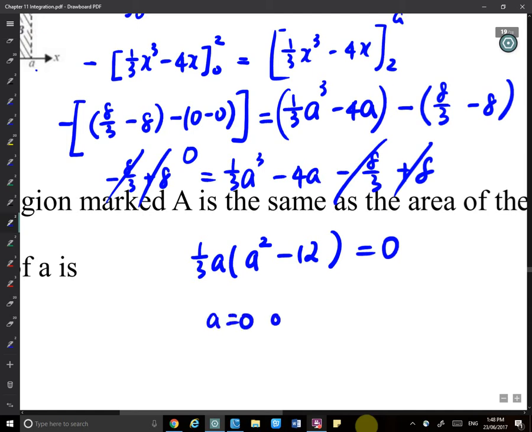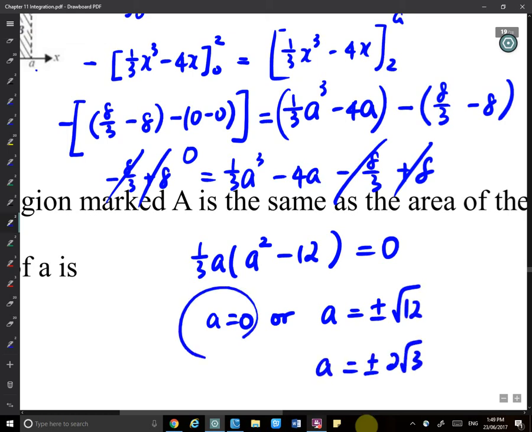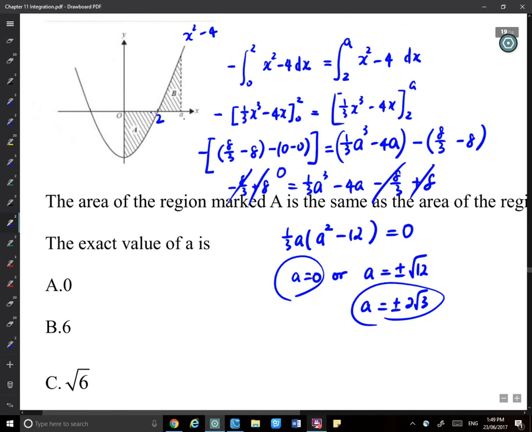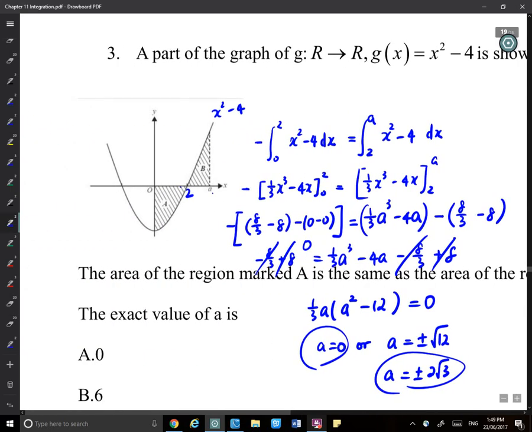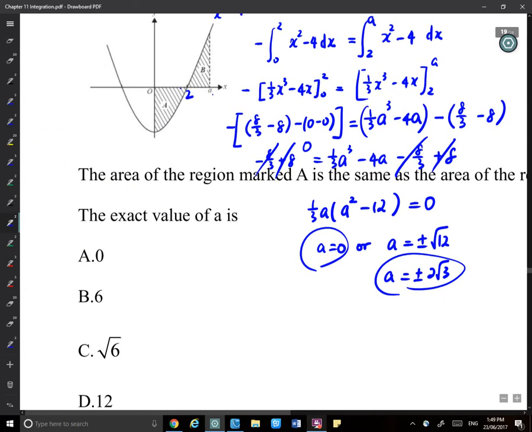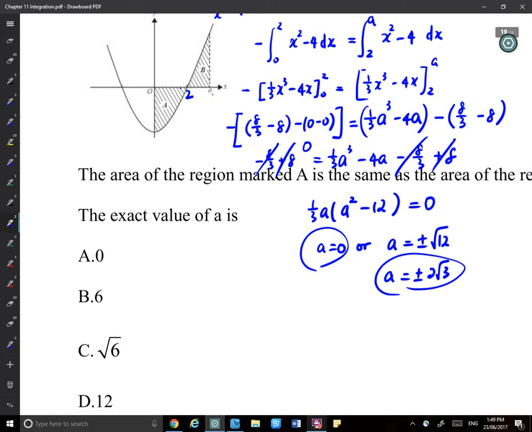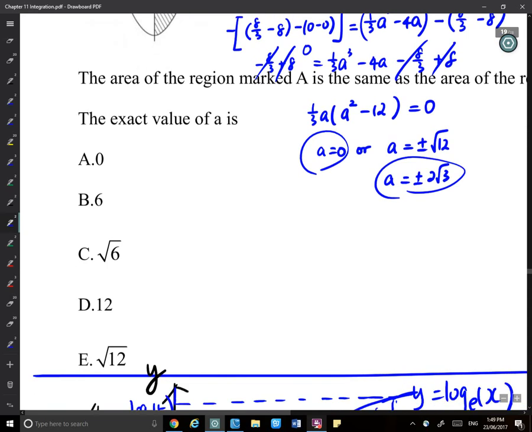Well, a equals 0 or a equals plus or minus root 12, so a equals plus or minus 2 root 3. Three solutions, but obviously a is positive, on the positive side. So a is positive, and I will have root 12.